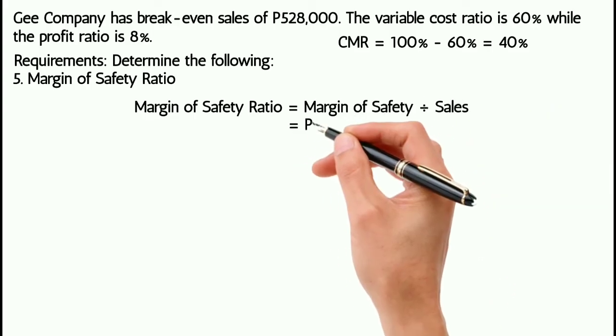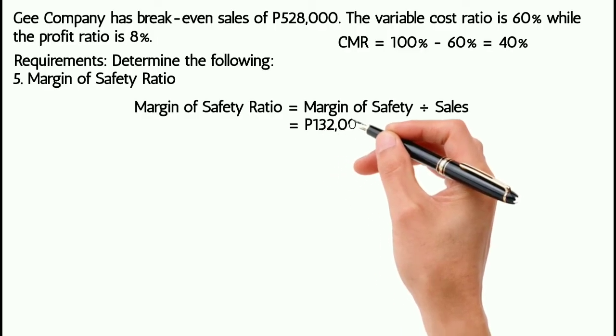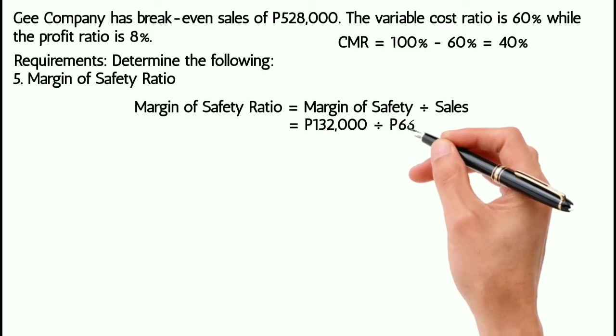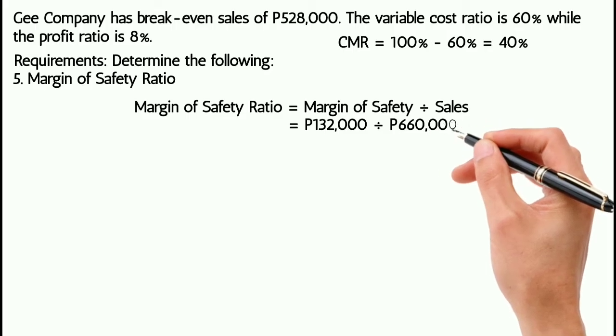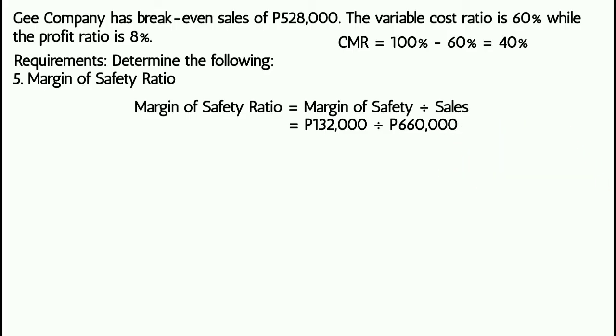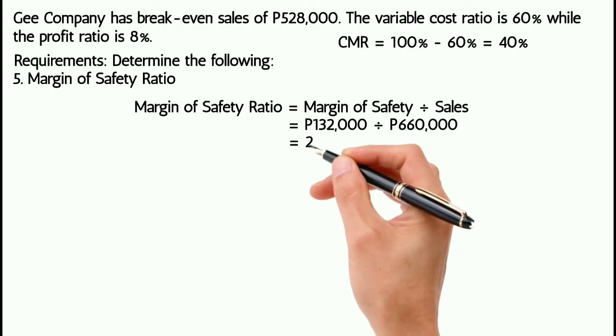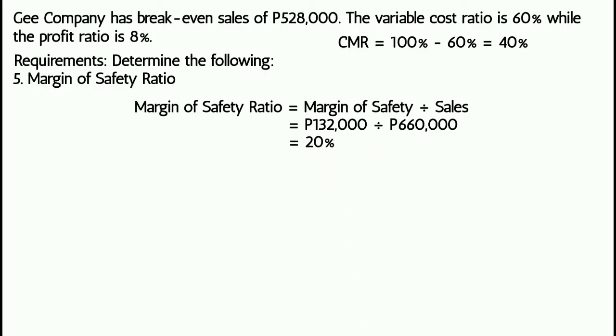Ang margin of safety ay 132,000 pesos at ang sales ay 660,000 pesos. 132,000 pesos divided by 660,000 pesos, that is equal to 20%. And that is the margin of safety ratio. Our answer in requirement number 5 is 20%.